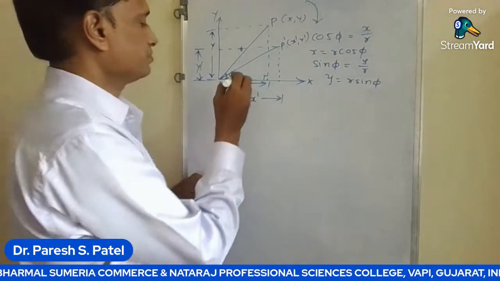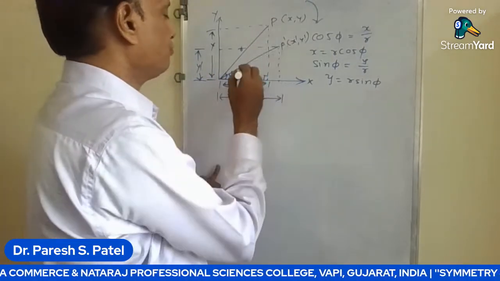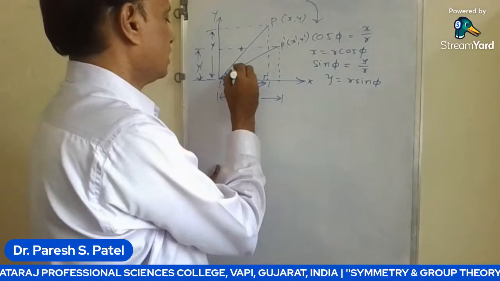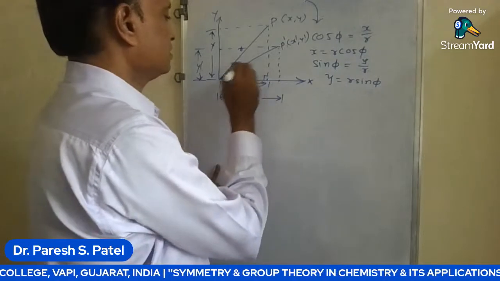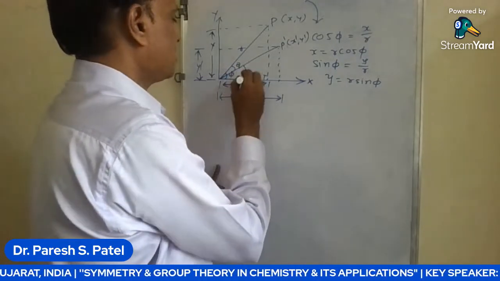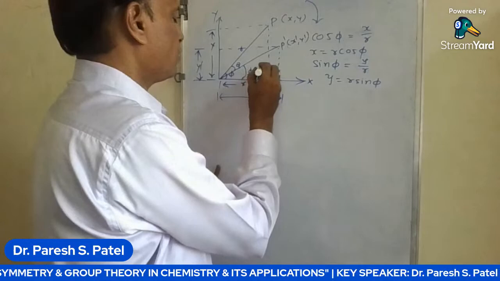This is the rotation from p to p dash by theta, so this angle is phi minus theta.